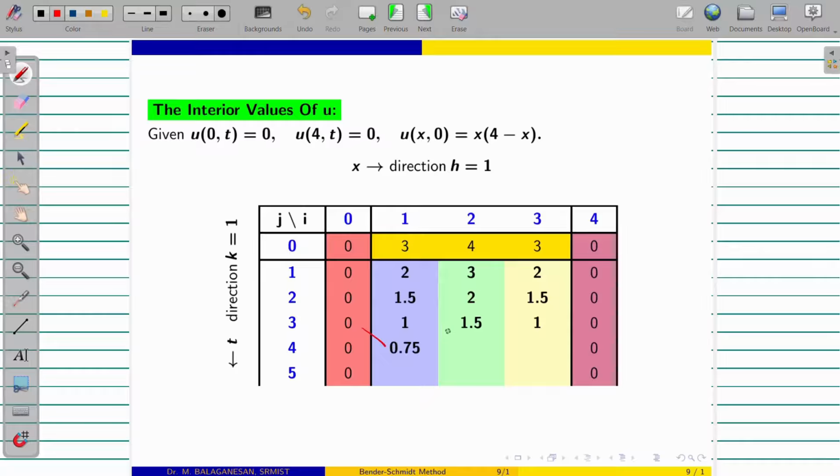Again, 0 plus 1.5 divided by 2 is 0.75. 1 plus 1 divided by 2 is 1. 1.5 plus 1.5 divided by 2 is 1.5. 1.5 plus 0 divided by 2 is 0.75. Similarly, proceed for the other values. That's it.